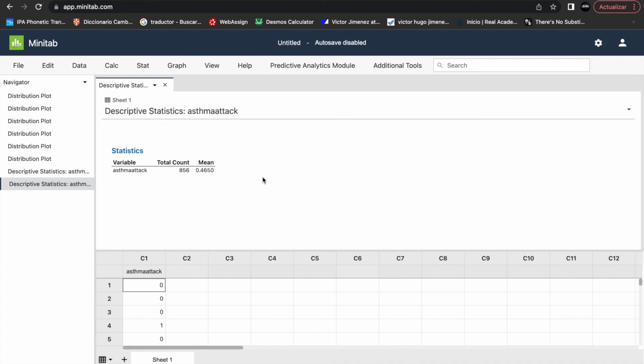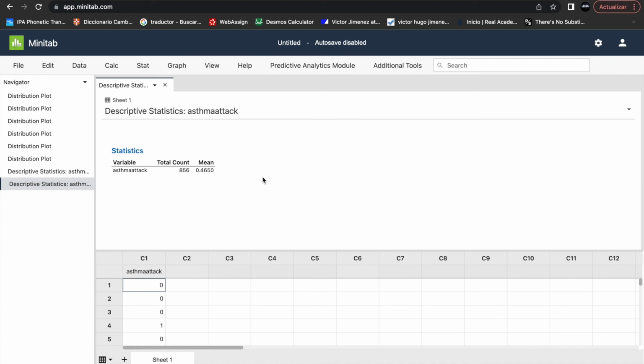0.5 minus, no, 0.465 minus 0.5, divided by the square root of 0.5 times 1 minus 0.5 divided by n, that is 856.